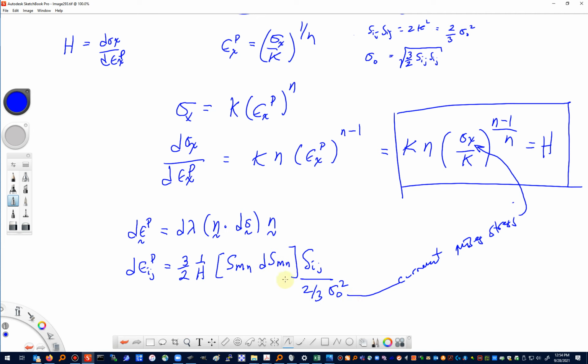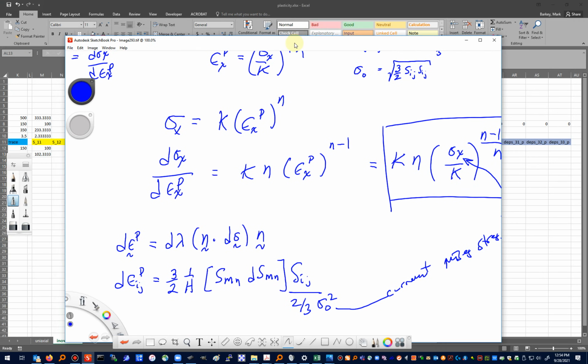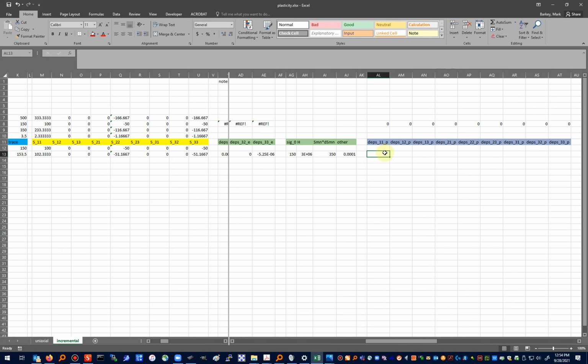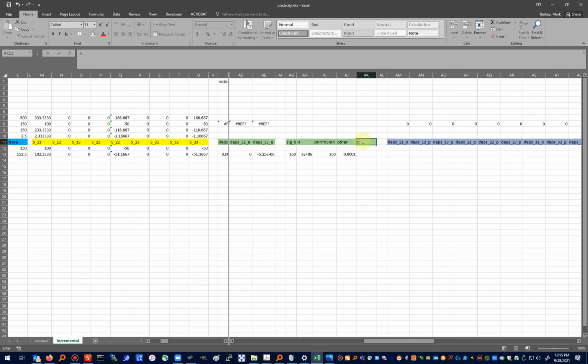So I have all these other things pre-computed. So let's make one more column, and I'll combine everything except for the S11, S22 term, and so forth.